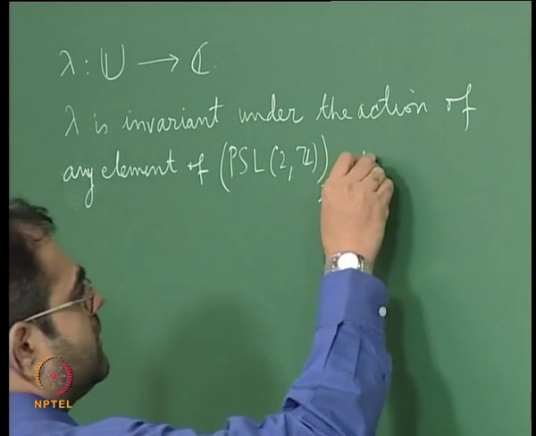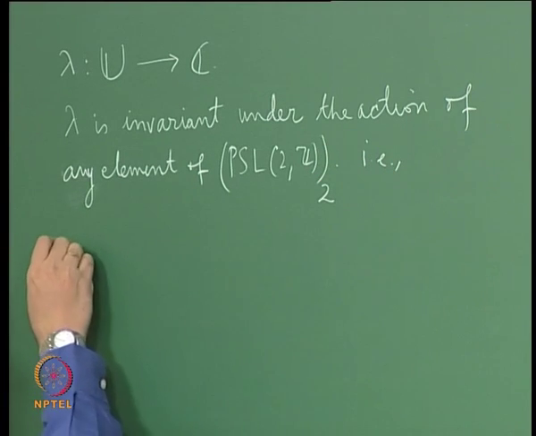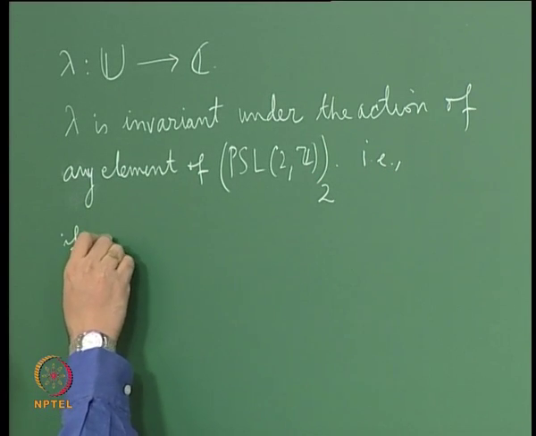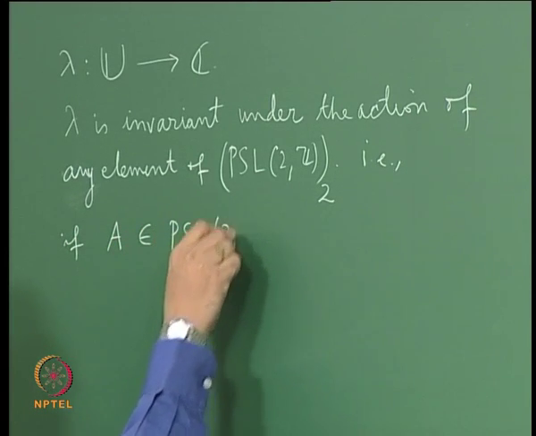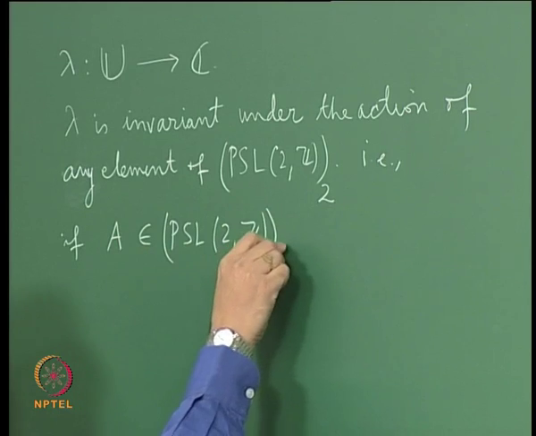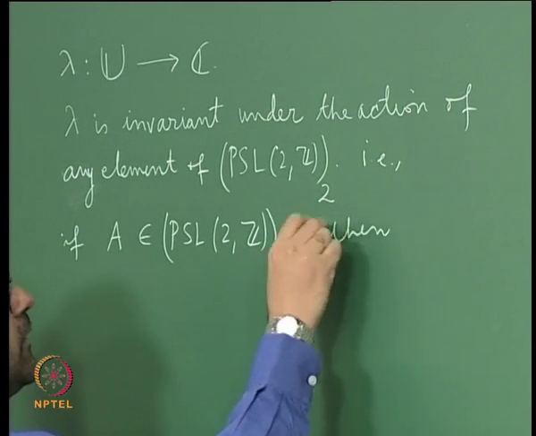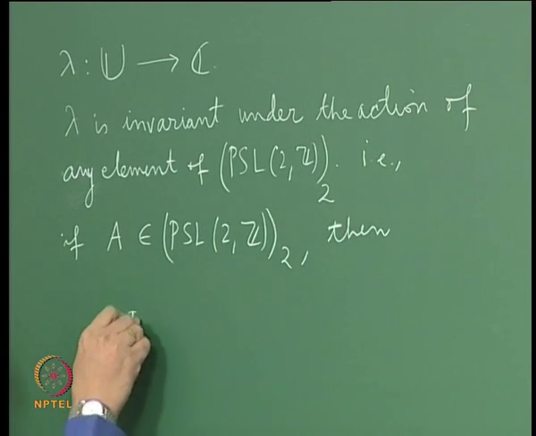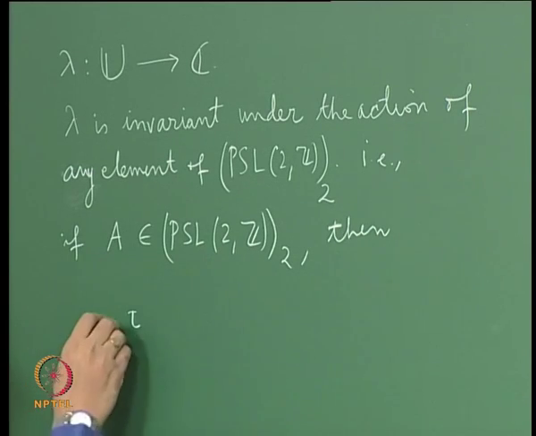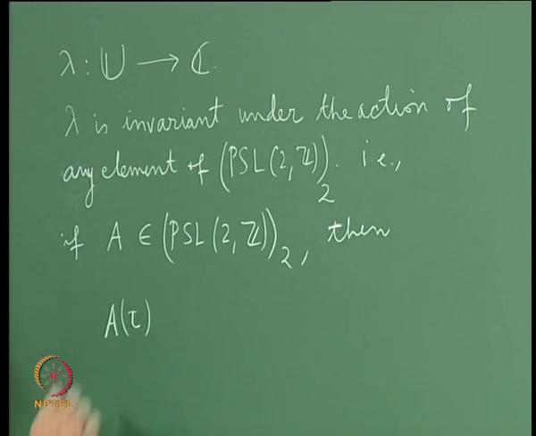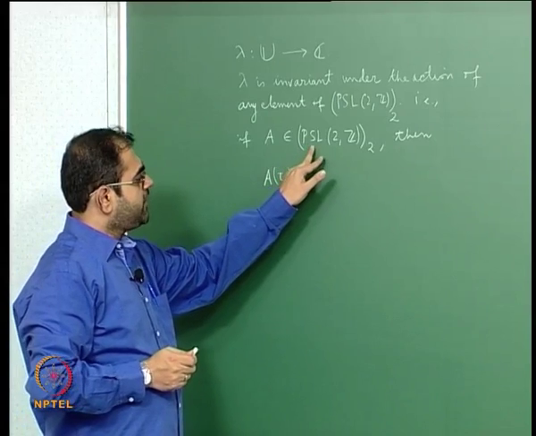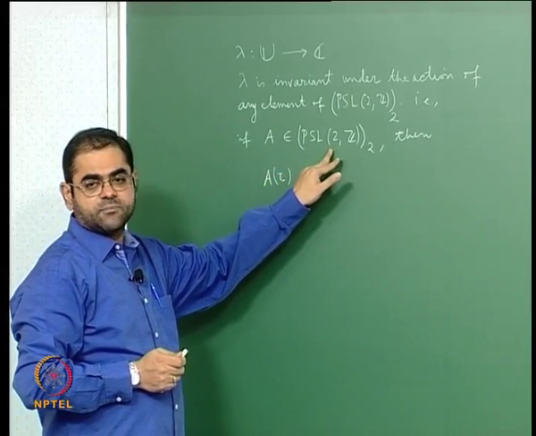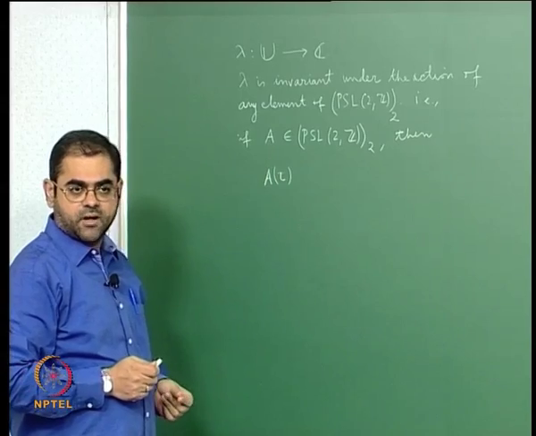In other words, if A is an element of this congruence mod 2 subgroup, and I take a tau in the upper half plane and apply A of tau, of course it is going to give me another point in the upper half plane, because after all these are elements in PSL 2R which are automorphisms of the upper half plane.